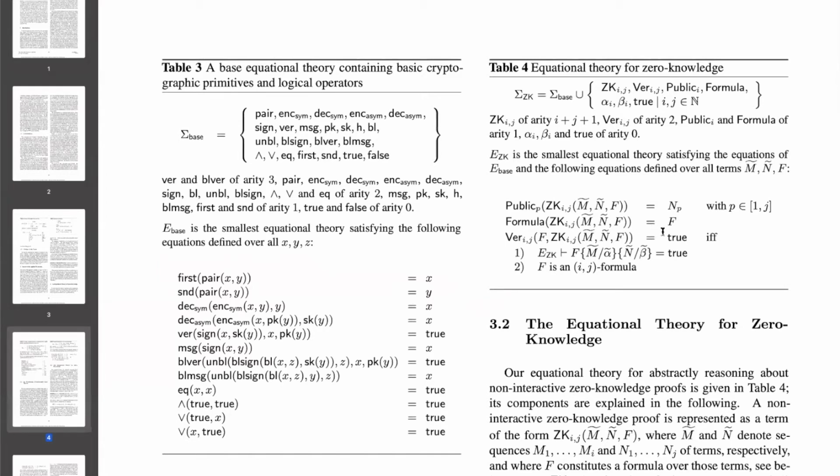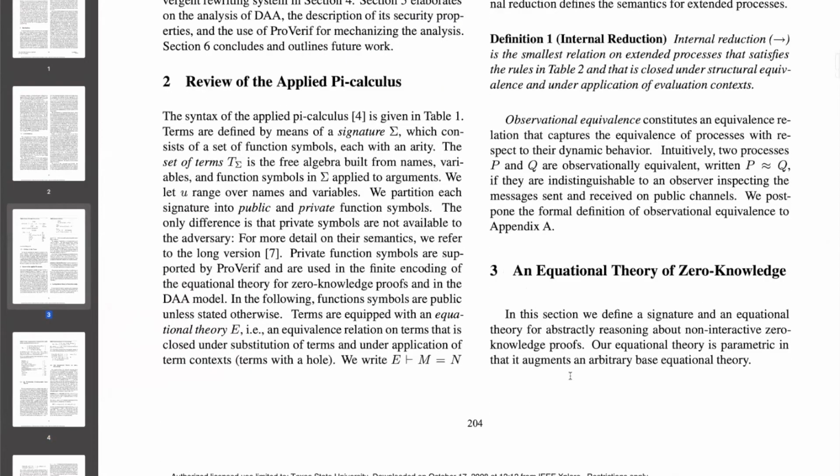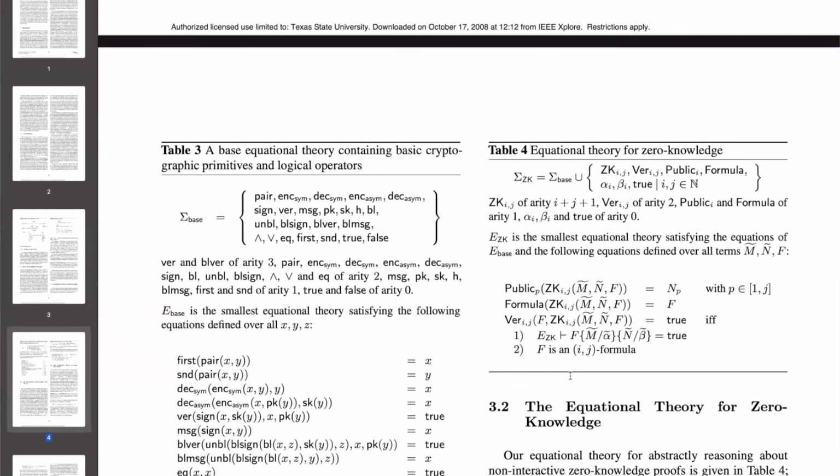And it's going to be true if the environment for the zk validates that f with m for alpha and n for beta is true, and f is an ij formula.